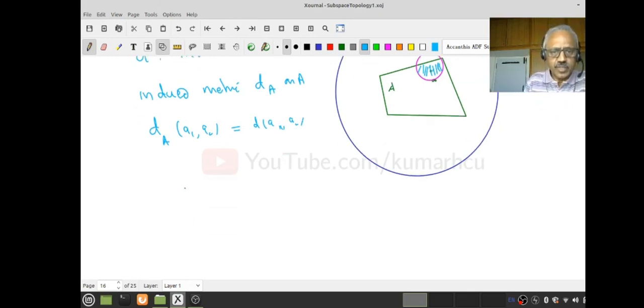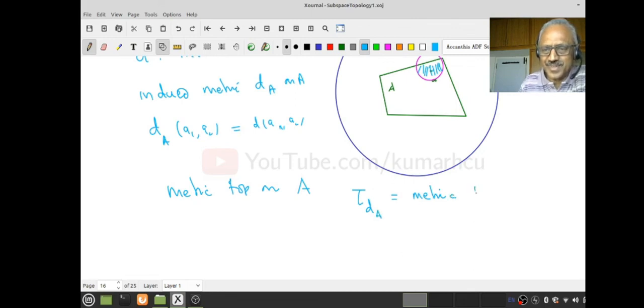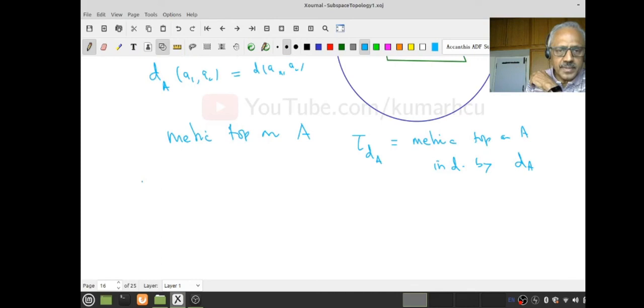Therefore, I have a metric topology on A. Let me call it tau d, the metric topology on A induced by the metric d_A. So on A now I have two topologies. One is tau A, the other one is tau d_A.